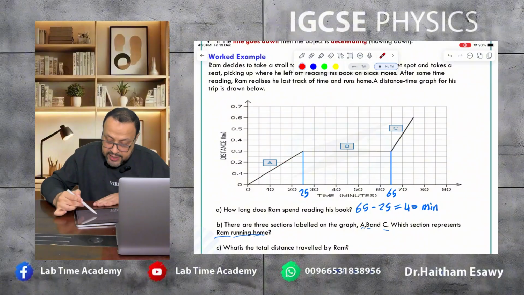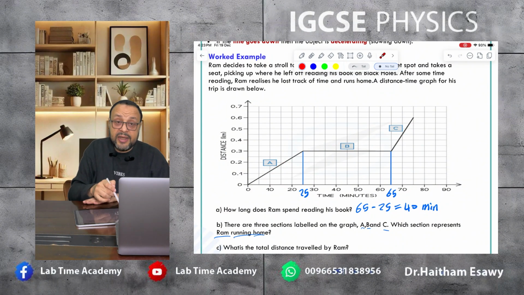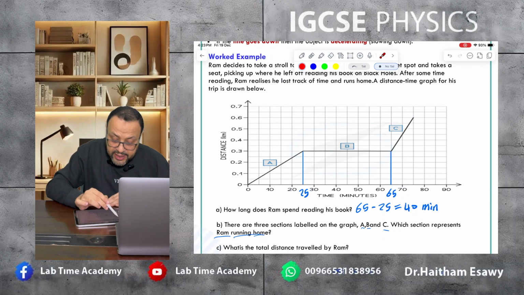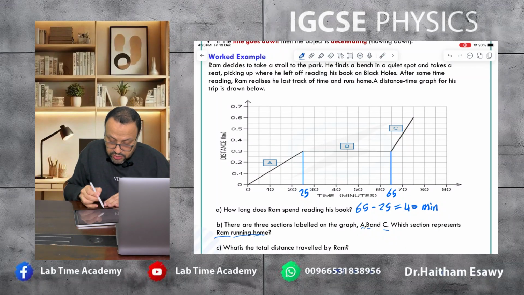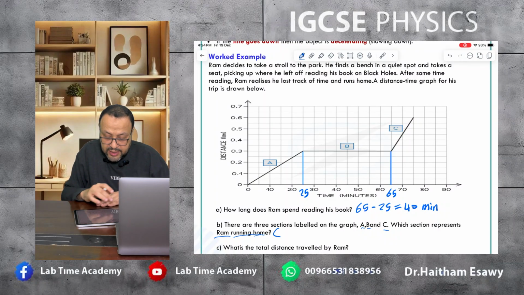A and C. I think C is steeper than A because it's nearer to the y-axis. So here, section C represents the higher speed or steeper line. So that will be C. So this will be the answer.